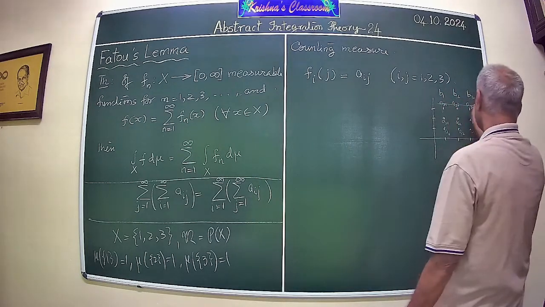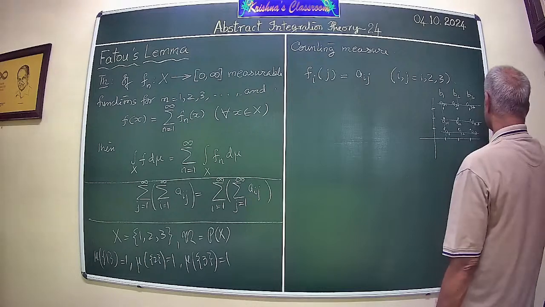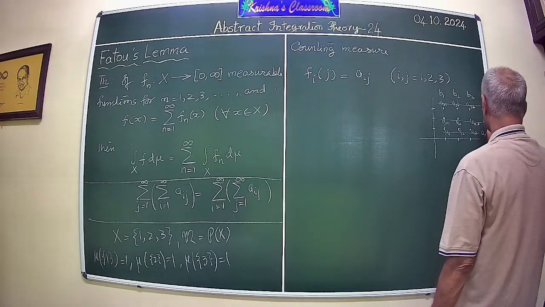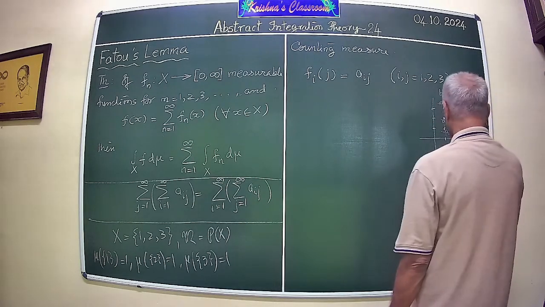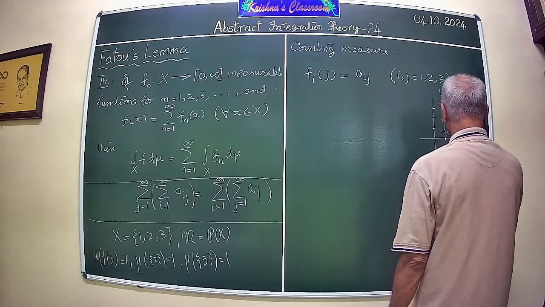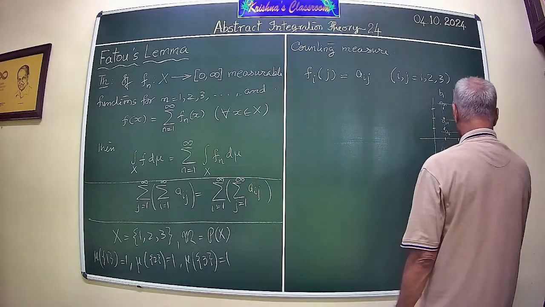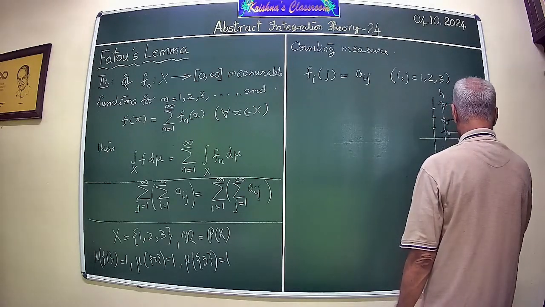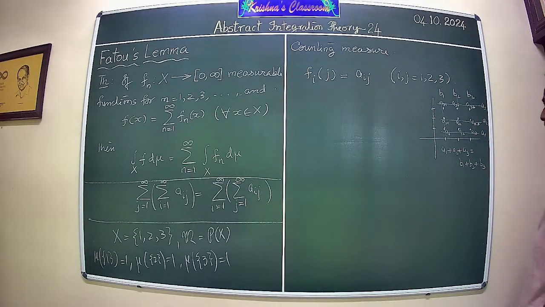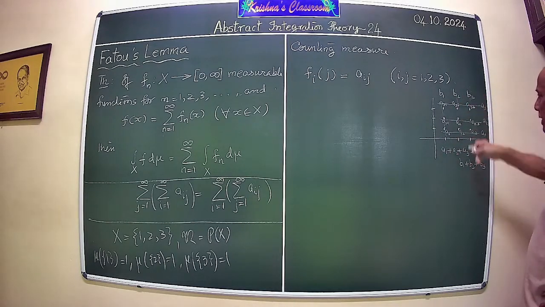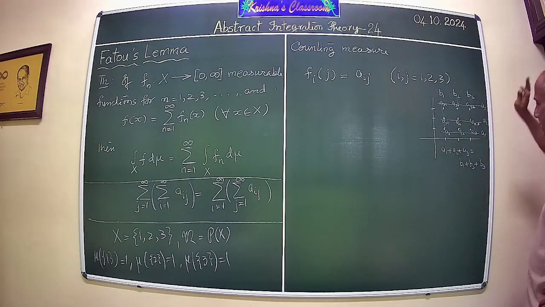If you add these and call these A1, A2, A3, then A1 plus A2 plus A3, which means you sum this up row wise and then add them up, or sum this up column wise and then add them up, you will get the same sum.